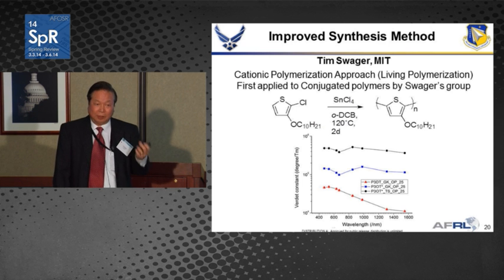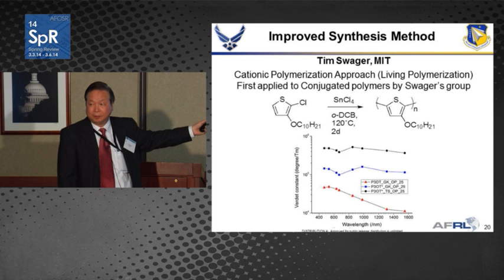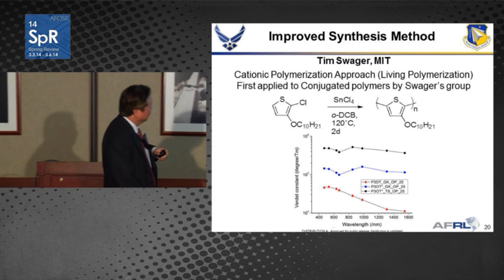Living polymerization is not new, but a lot of the work that's been done is on aliphatic material. This is the first group to apply this type of chemistry to conjugated polymers.